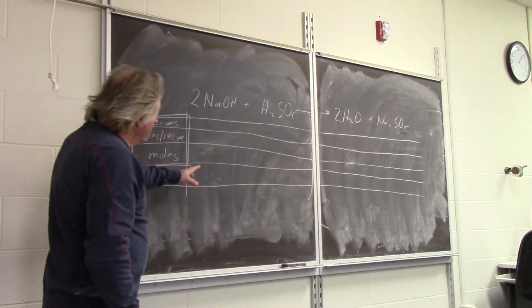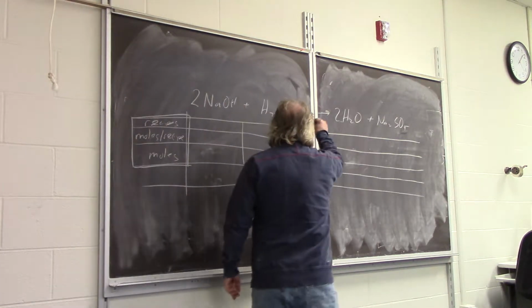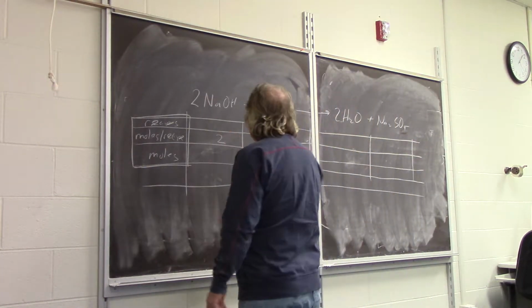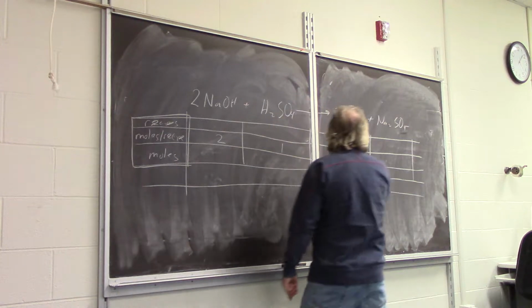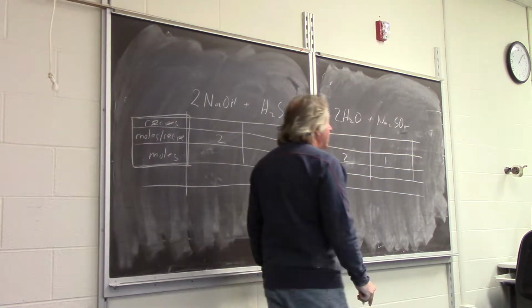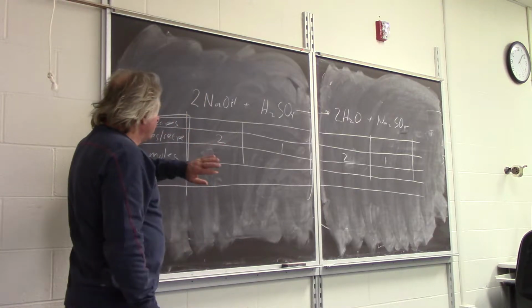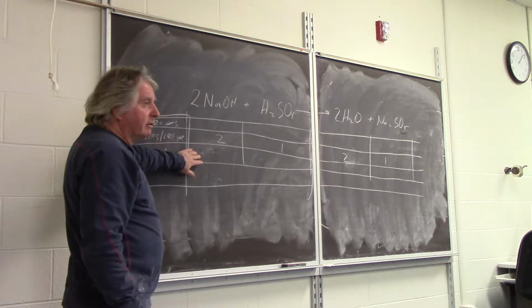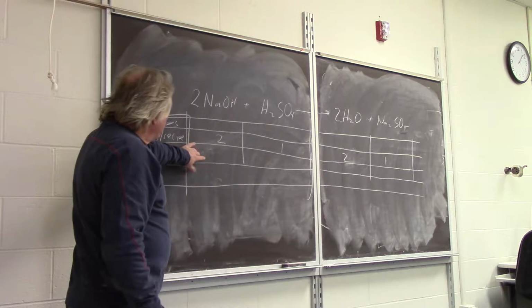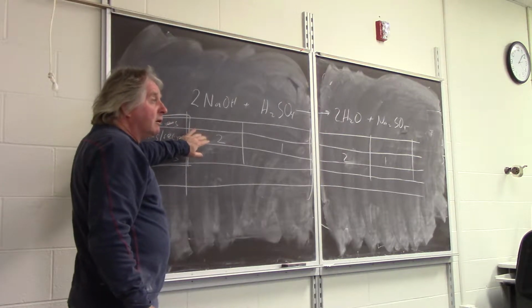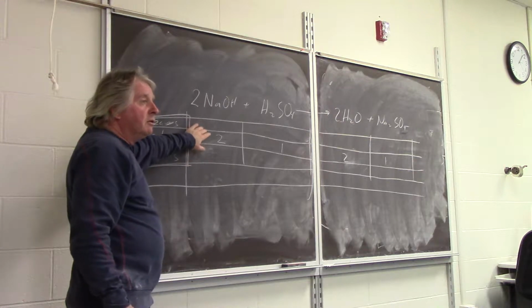So there's 2 moles per recipe, 1 mole per recipe, 2 and 1. You get those from the coefficients. So if I gave you 4 moles, you can figure out how many recipes that is. If you have 4 here, each recipe needs 2, so you divide 4 up into groups of 2 to get 2.